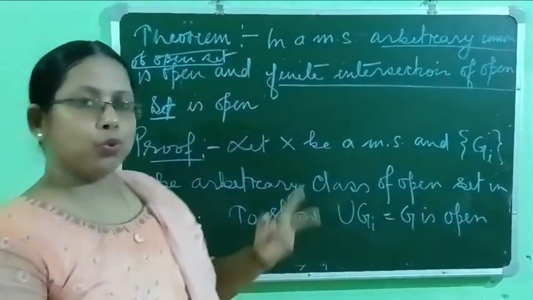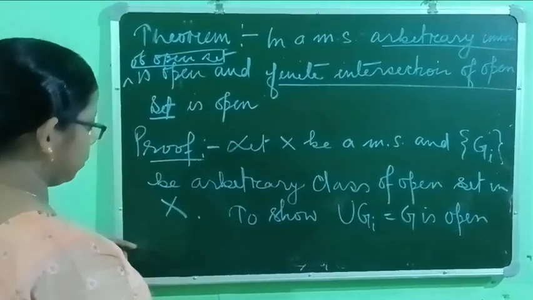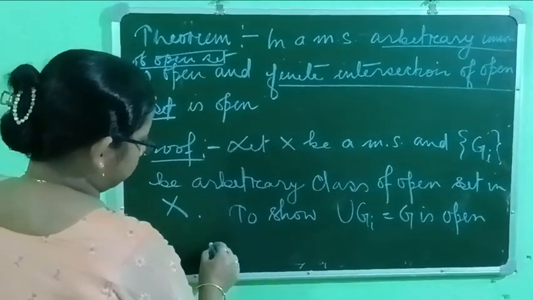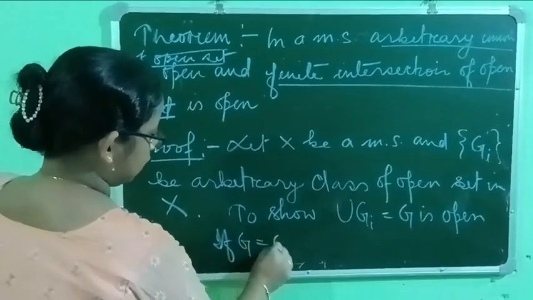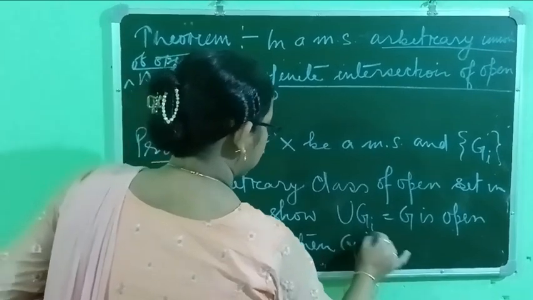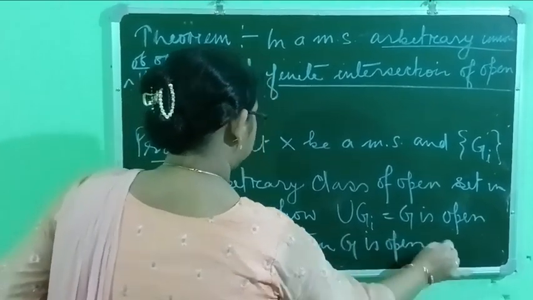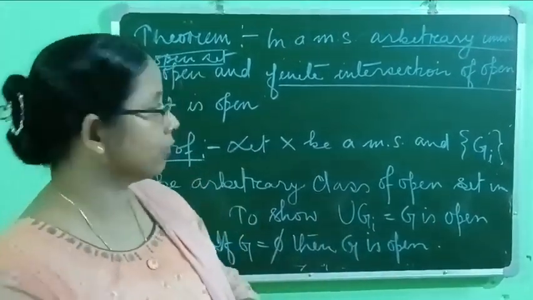There arise two cases: either G is empty or G is not empty. If G is empty, then G is automatically open, and we have nothing to prove, because the empty set is an open set.